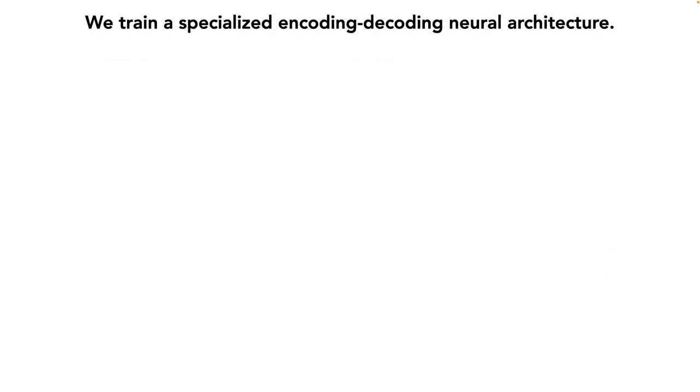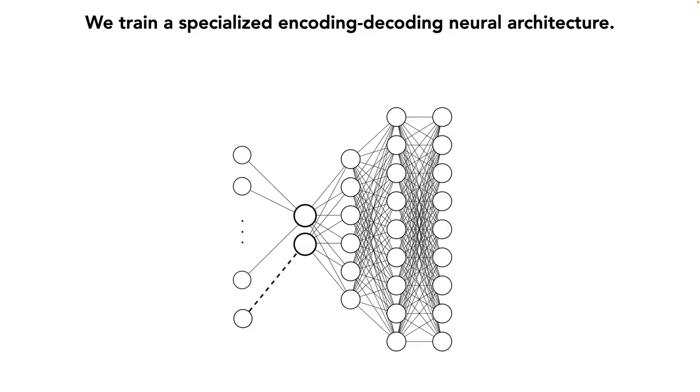And to accomplish this, we train an encoding-decoding neural network with a specialized architecture. We connect a linear encoder, which computes the optimized PV, with a nonlinear decoder, which reconstructs important quantities of interest from the parameterization.